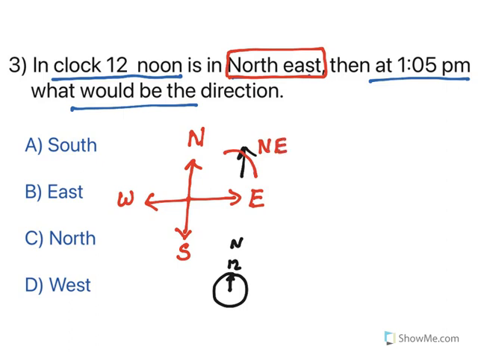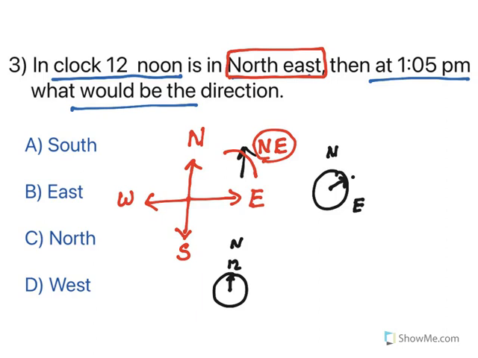You know, in India, we have northeastern states, Arunachal Pradesh, Assam, Meghalaya, Tripura, all of them are northeastern states. The reason is when you see the Indian map, they are in this northeast place. So according to the problem, the 12 is in the northeast. This is north, this is east, and in between you get northeast. So this one becomes 12.